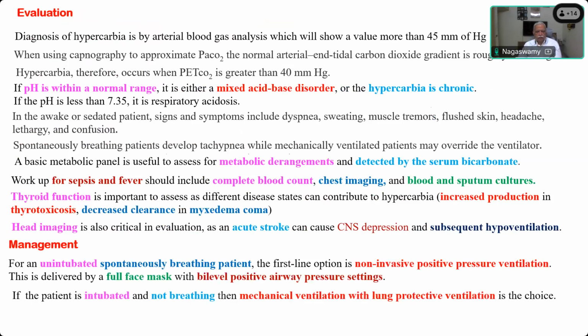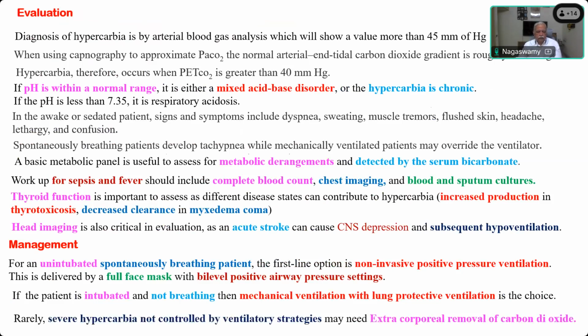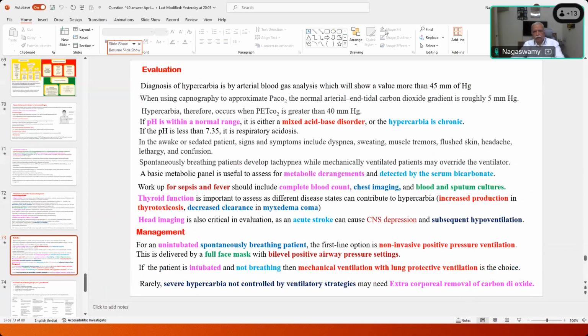And if the patient is intubated and not breathing, mechanical ventilation with protective ventilation, or as he said, slightly higher tidal volumes and an increased IE ratio will help to eliminate the carbon dioxide. And rarely, in severe cases not controlled by mechanical ventilation, extracorporeal removal of carbon dioxide may be required. So this is all we have to write for hypercarbia.